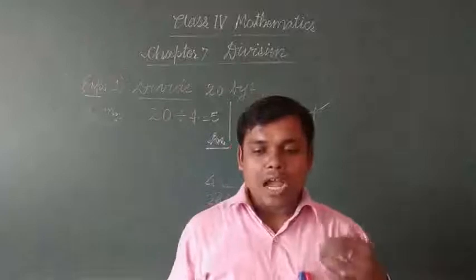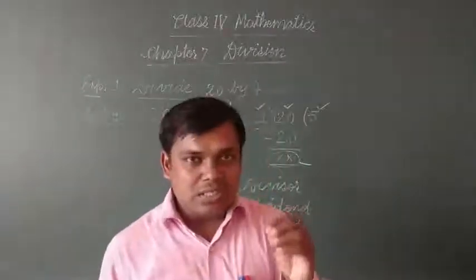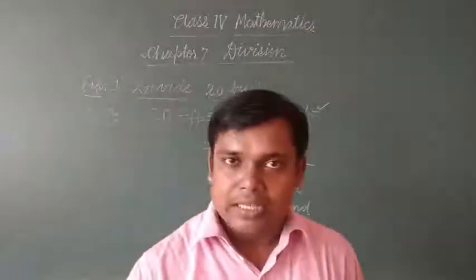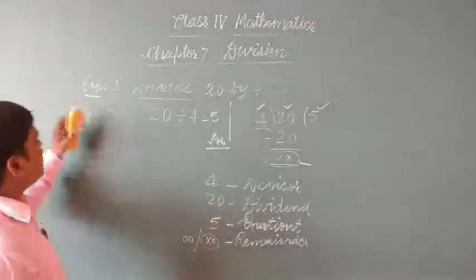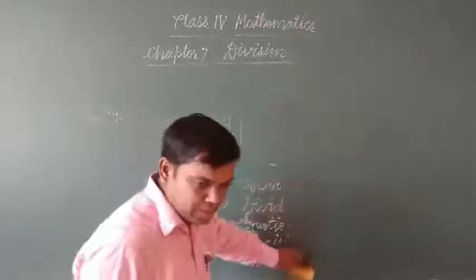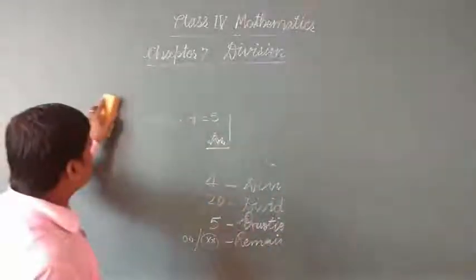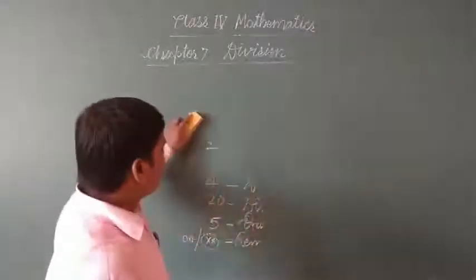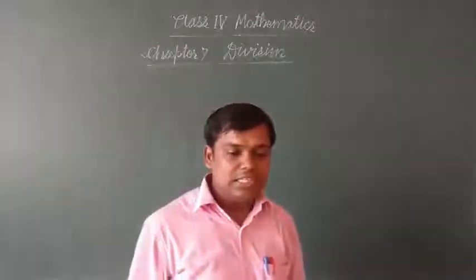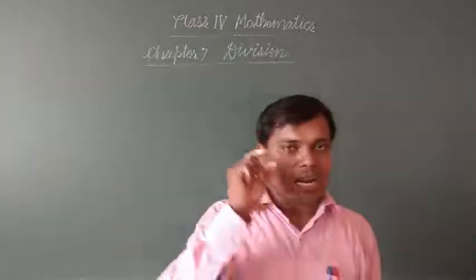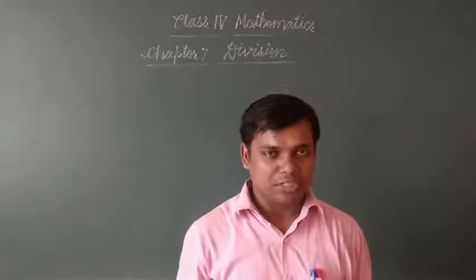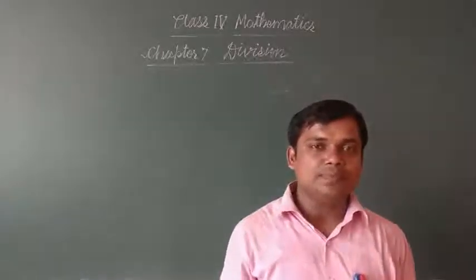Now I am going to discuss with you some properties of division. Since in your book it is directly started from here, properties of division. So the first property is when 0 is divided by any number except 0, the quotient will be 0. Remember the first property of division.